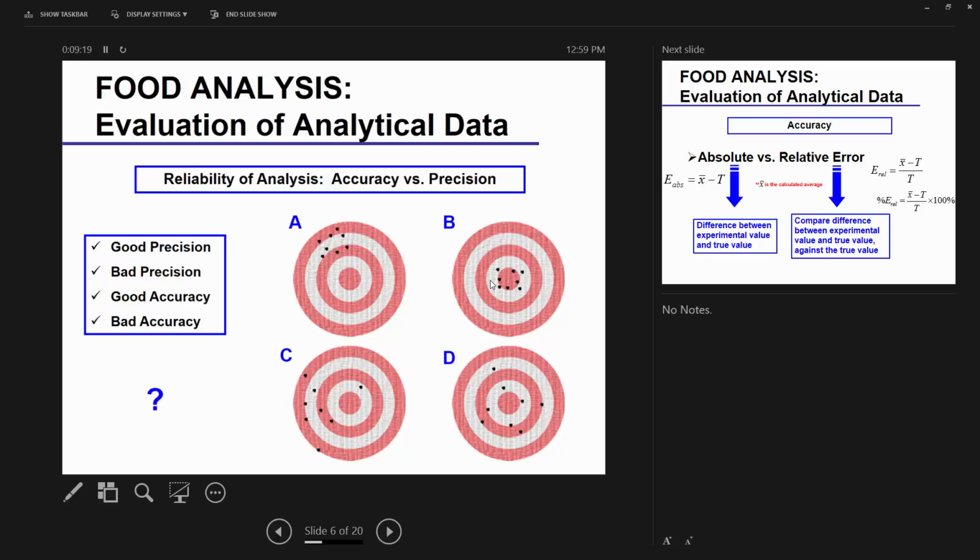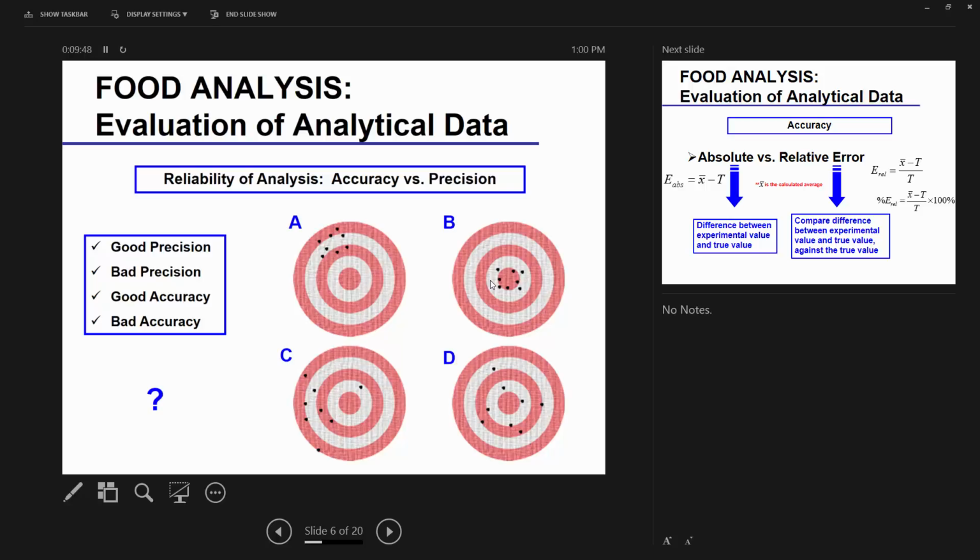Obviously, when you're right here in the bullseye, with all of the values close to each other, that's where you want to be. That's your best bet. Here, you're having a bad day. We sometimes call it Monday morning syndrome. Those of you in Monday lab might witness this at some point. In this case, with your precision, something is off with your experimental error.